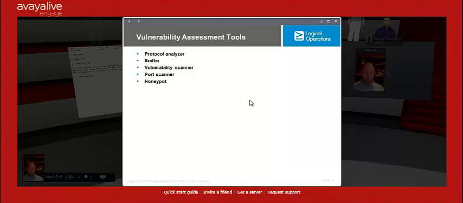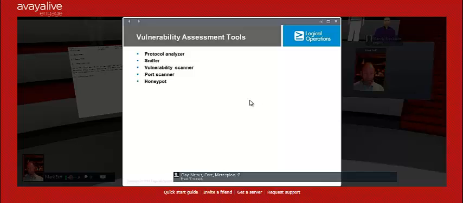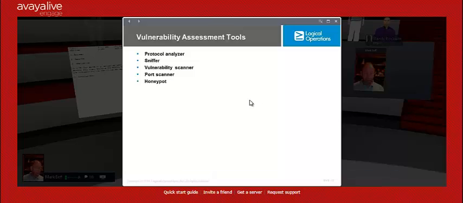The term vulnerability scanner is broad on purpose. I mean, there's a variety of different kinds of vulnerability, and there's actually some references in here to that.